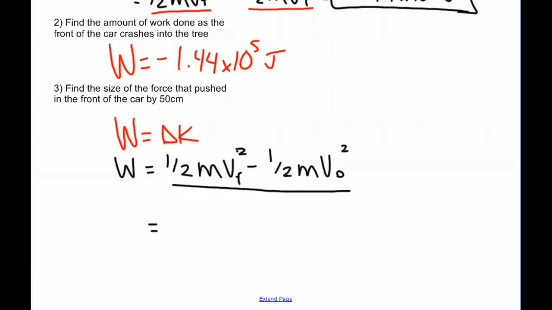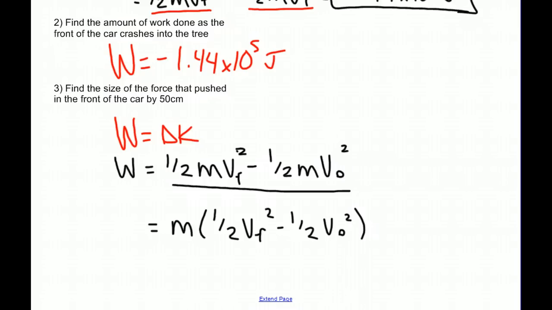If I factor out an m, I've got m times 1/2 V final squared minus 1/2 V initial squared. And if you remember the VF squared equation that I was talking about, it was VF squared equals VO squared plus 2AD. Since we're looking for a force, we want to somehow get an A in here, because m times A gives us a force.